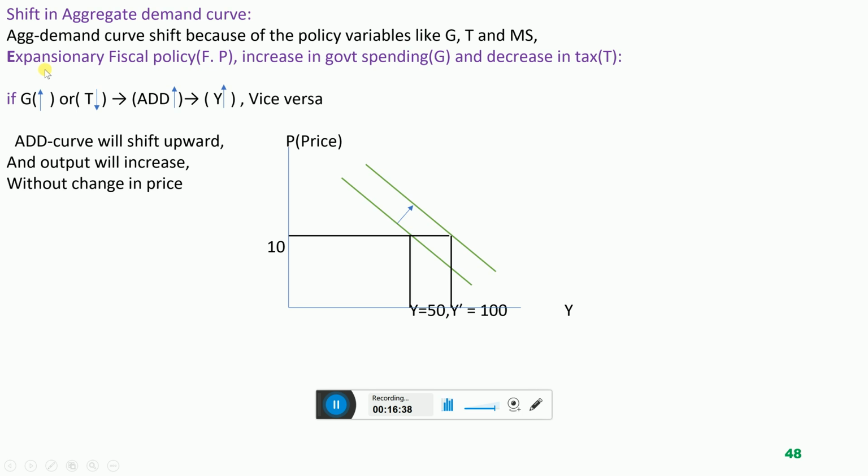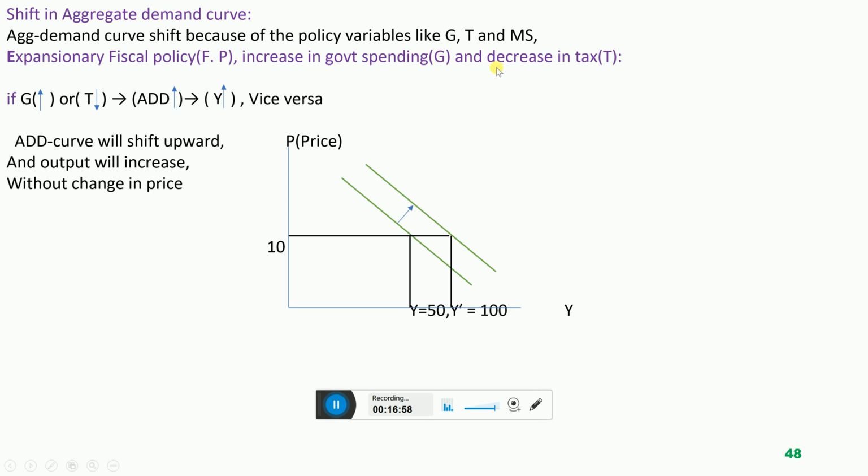So we are putting here expansionary fiscal policy: increase in government spending and decrease in taxes. These are the factors due to which the aggregate demand curve will shift upward or downward without change in price.